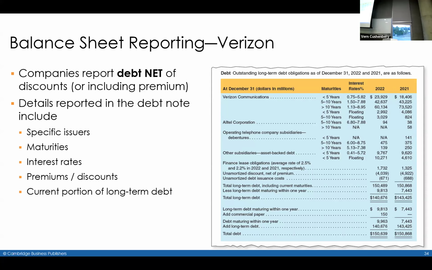And then that interest rate, i.e. the face value, will relate to the market and also determine the price.